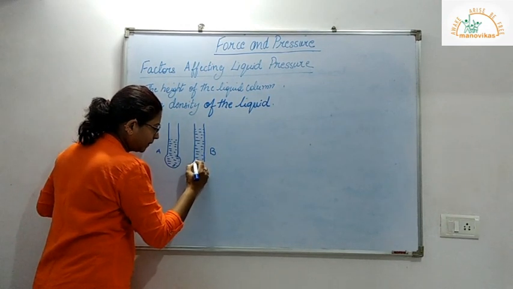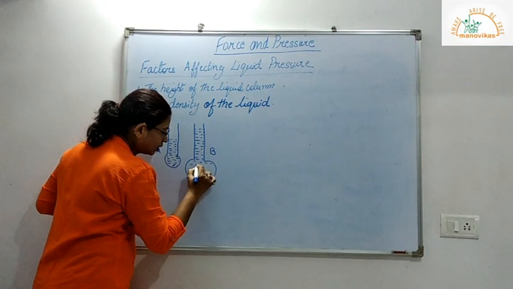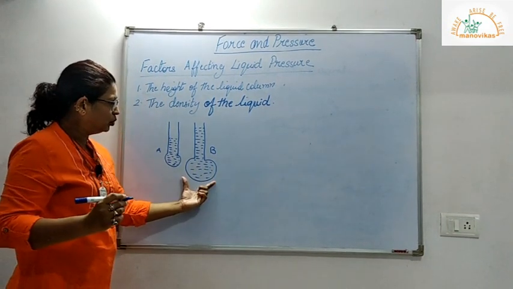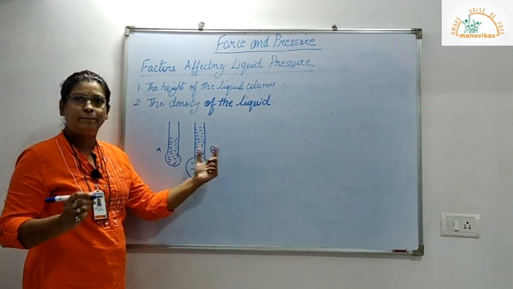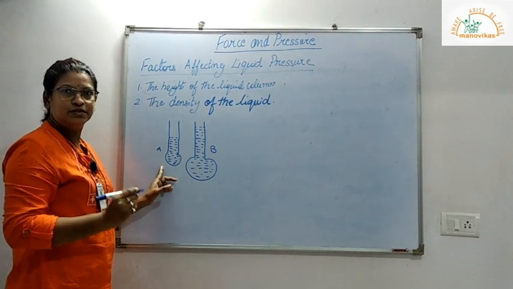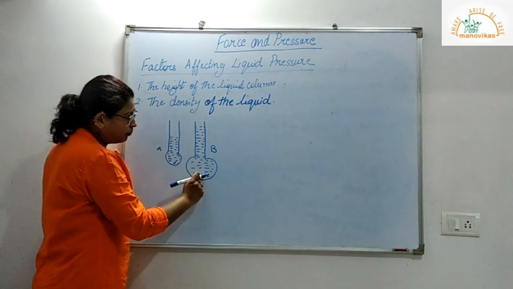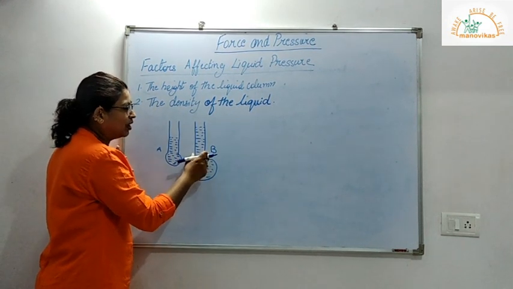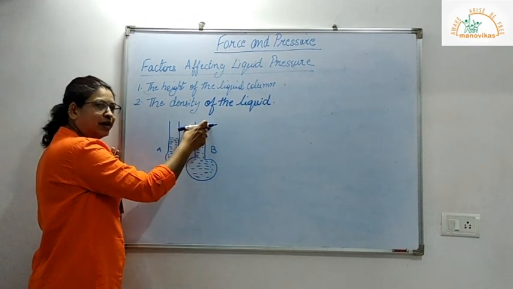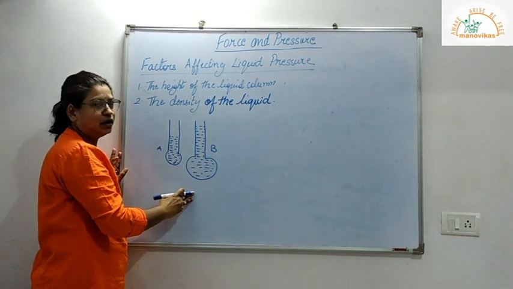Now you observe that the balloon in glass tube B bulges more than in glass tube A. This is because the liquid pressure above a point depends on the height of the liquid column. So the more the height of the liquid column, the more is the pressure exerted by the liquid.